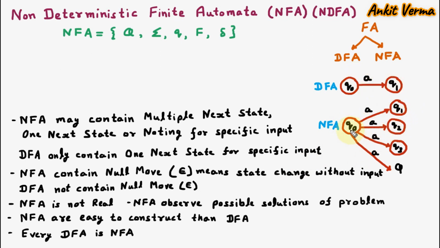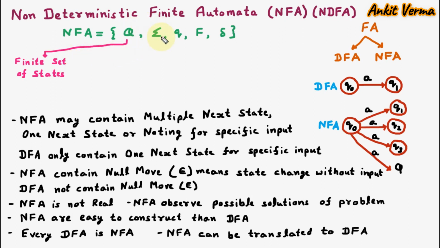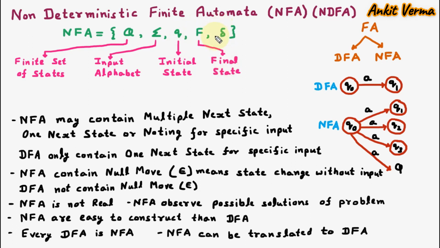So NFA can be translated to the DFA. NFA contain 5 elements. The first element is Q, which means finite set of states. Second element is sigma, which is input alphabet. Third element is Q0, which is initial state. Next element is F, which is final state. Next element is transition function.